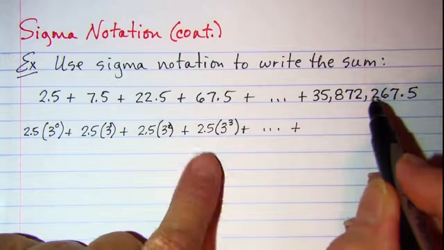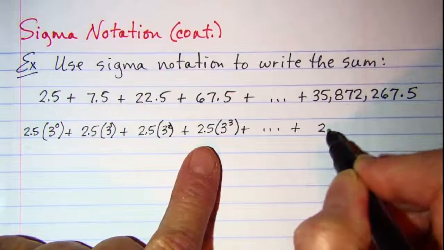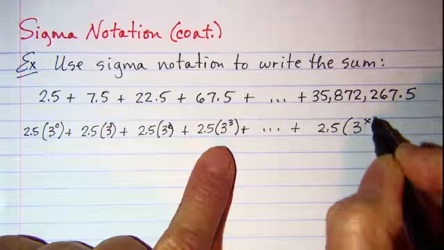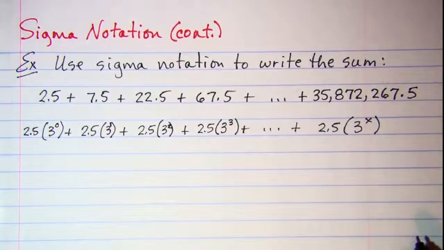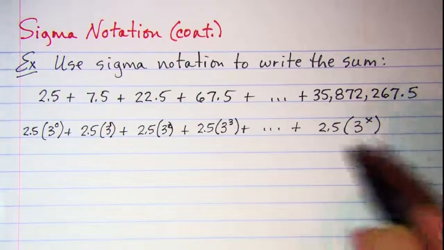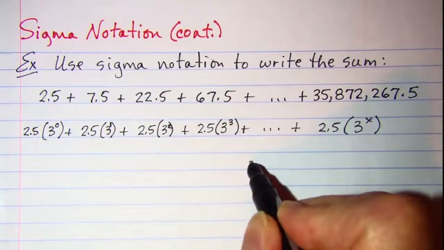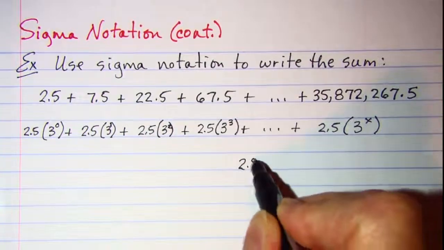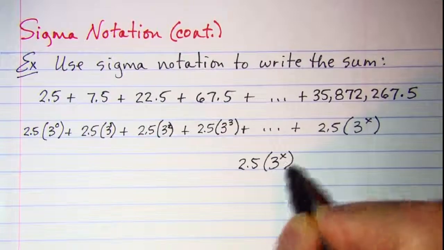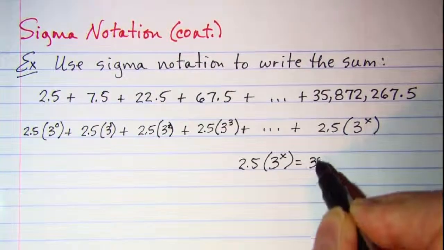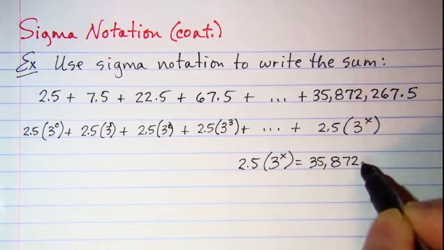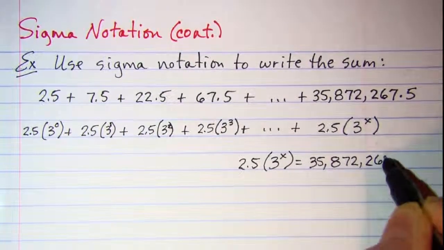This term will be 2.5 times 3 to some power, which we don't know yet. But we can set up an equation to solve for that. We have 2.5 times 3 to the x power equals 35,872,267.5.